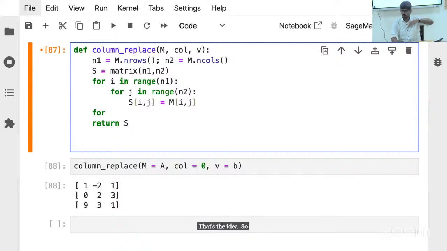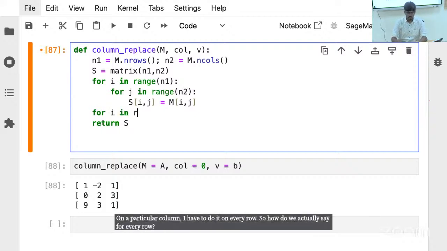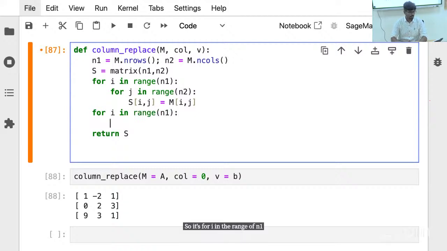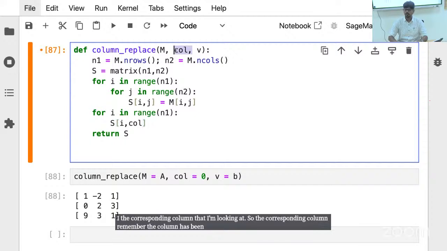I have to do it on every row, right? On a particular column, I have to do it on every row. So how do I actually say for every row? It's for i in the range of n, what I wanted simply S of i comma the corresponding column that I'm looking at. The corresponding column, remember, has been got as an input variable here.